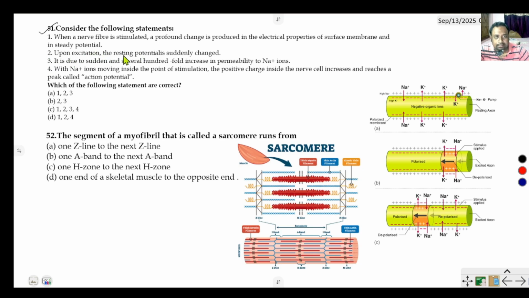Upon excitation, the resting potential suddenly changes. 3. It is due to a sudden and several hundredfold increase in permeability to Na plus ions. 4. With Na plus ions moving inside the point of stimulation, the positive charge inside the nerve cell increases and reaches a peak called action potential.